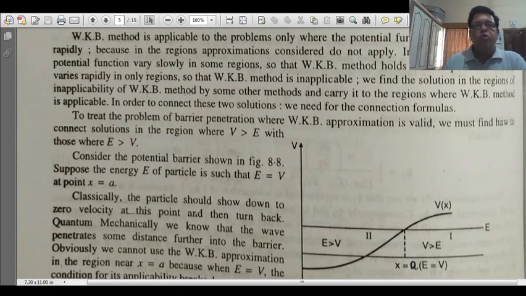We are trying to solve the problem in regions where it is not possible by the WKB method, and then carry it to the regions where the WKB method is applicable.